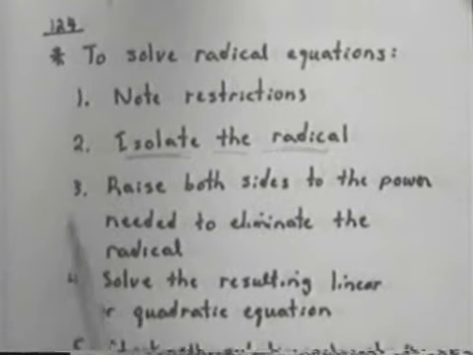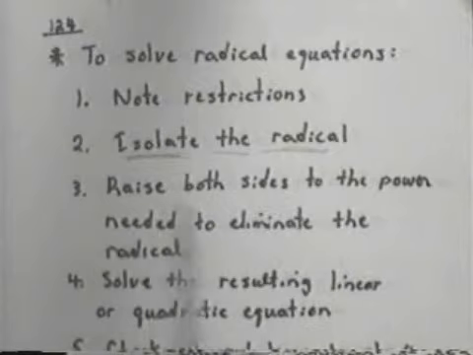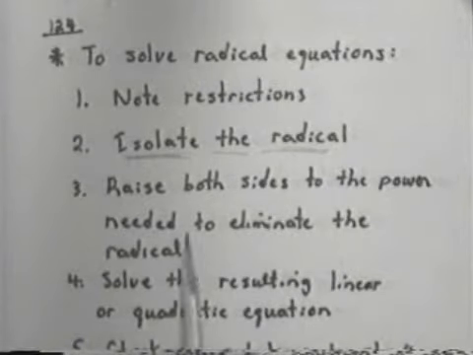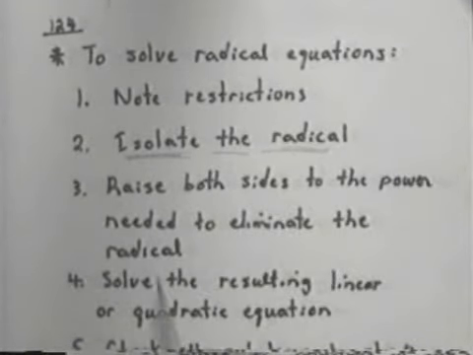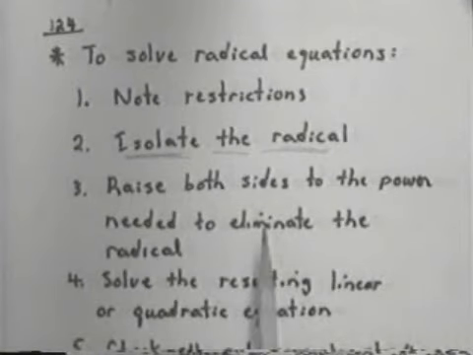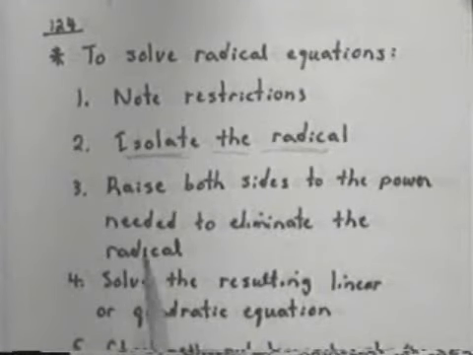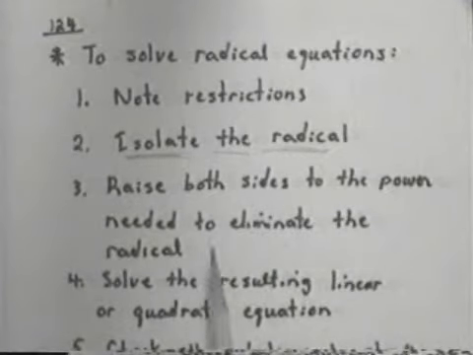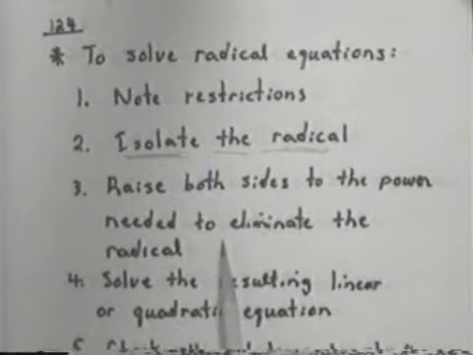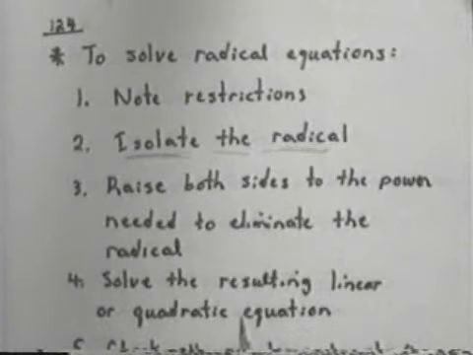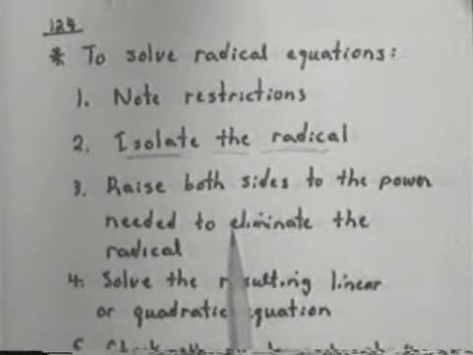The third thing you do is raise both sides to the power needed to eliminate the radical. So once you isolate it, your next step would be to eliminate it. And you raise both sides to the power needed to eliminate the radical. Now if you have a square root, then you're going to have to square both sides. If you have a cube root, you're going to have to cube both sides.